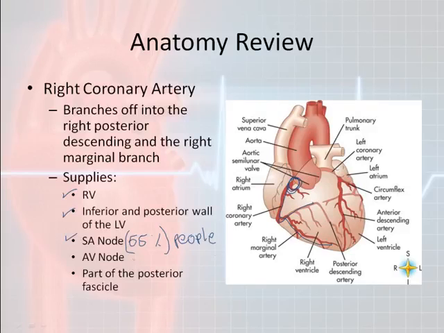The AV node is supplied in 90% of the people. So 90% of the population walking around out there usually has their blood supply to the AV node coming from the right coronary artery. And of course, the right coronary artery also perfuses part of the posterior fascicle of the left ventricle.